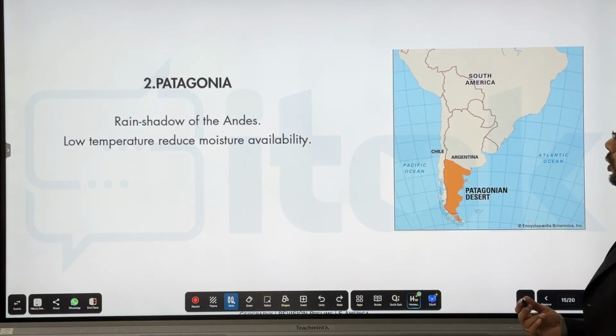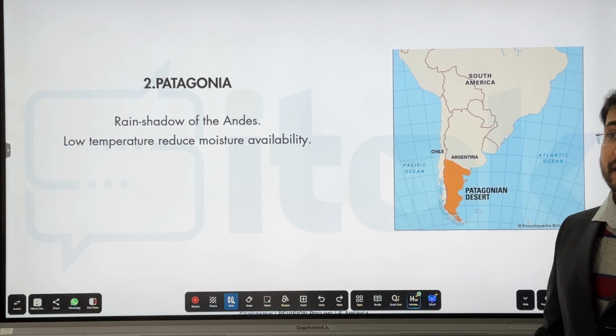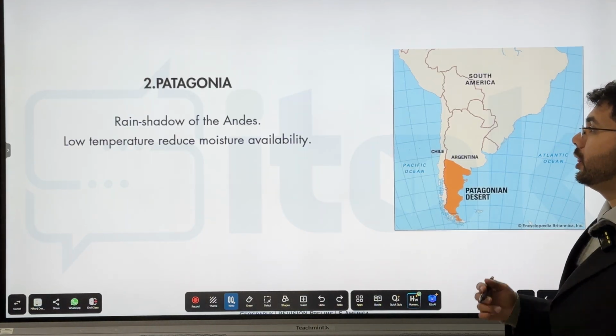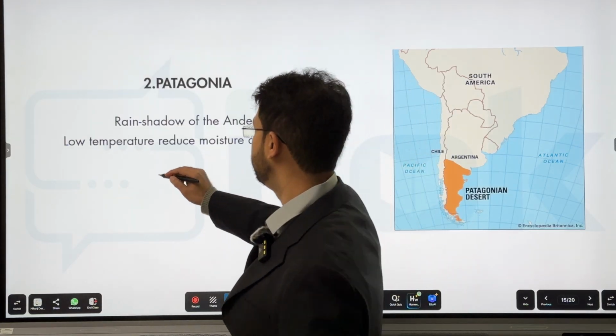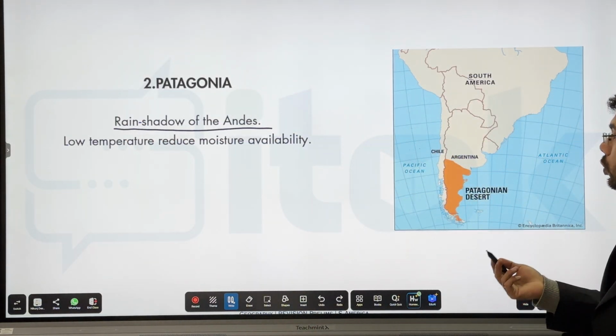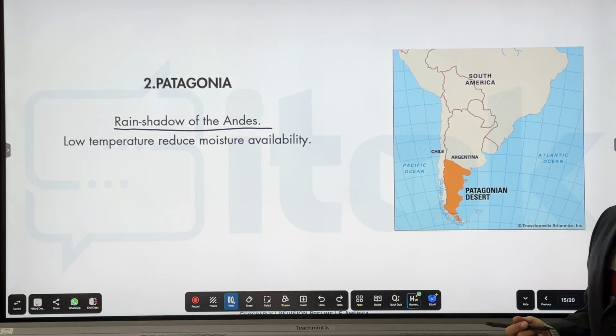Next, Patagonia. Patagonia is mostly because it falls in the rain shadow area of the Andes, and the westerlies and other winds are unable to bring any kind of moisture to this region. So we have the Patagonia desert. This is the first cold desert we are covering. It is the rain shadow area of the Andes, and because of low temperature also, moisture is unable to be held by the winds there.